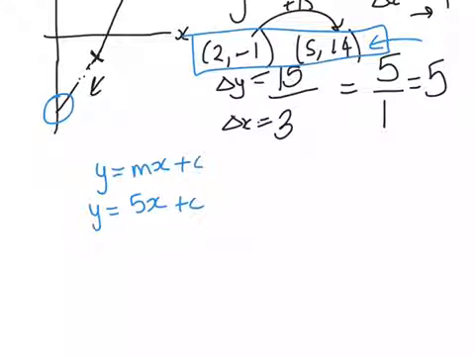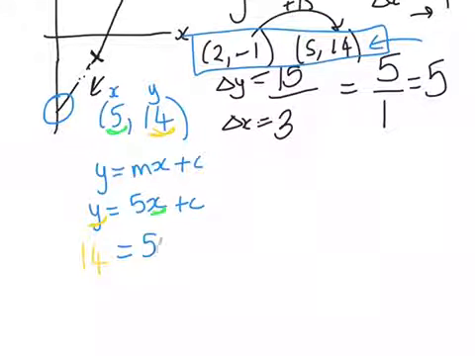Now, let's just remember, if I had 5, 14, then this is the point x and the point y, like in the alphabet x, y, z. So I'm now going to replace my x with 5 and my y with 14. So 14 equals 5 times my x value, which is 5, plus c.